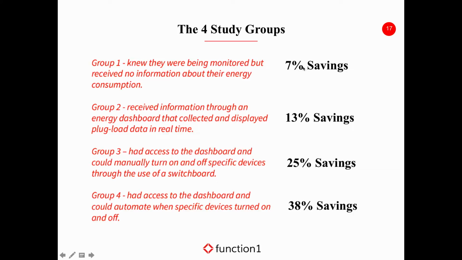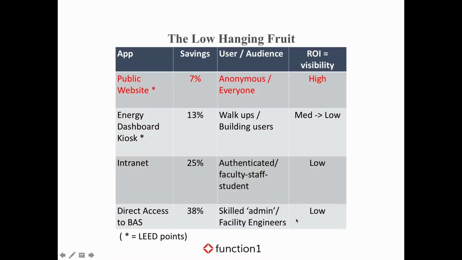So you can see the more information and control that these individuals were given, the more real savings that occurred. So what I'm targeting is the low-hanging fruit, which is just the 7%. But once we get to that point, the more and more we can get into it, the more and more savings that can be realized.